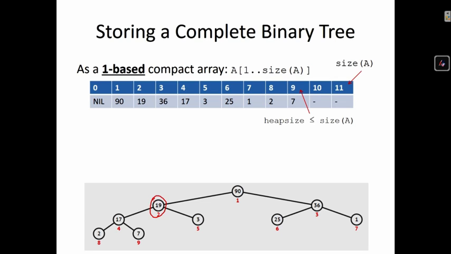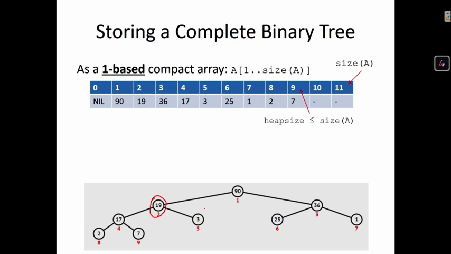So these are called the navigation operations that I need. From here, can you tell me how you would go from a given node, given its index, to its parent? How do you get from a node to its parent?